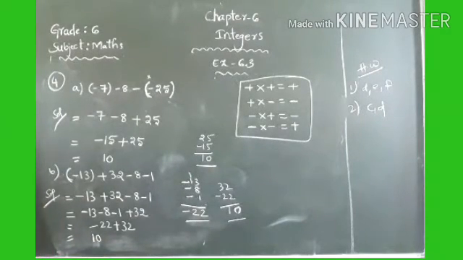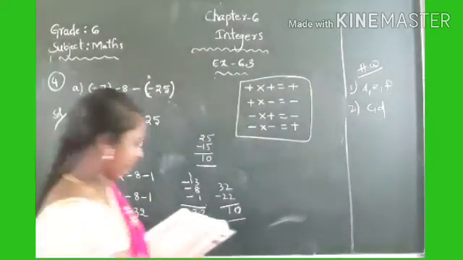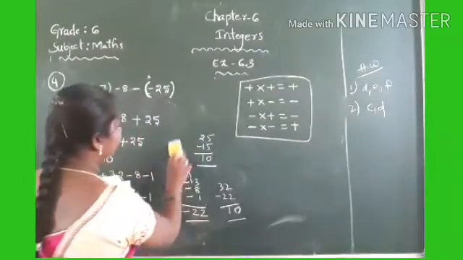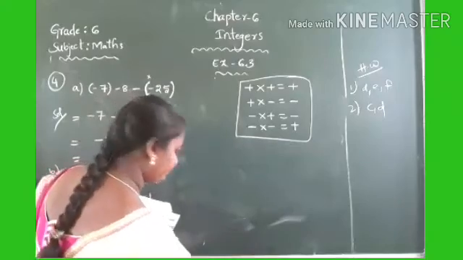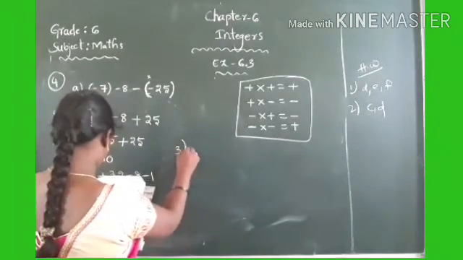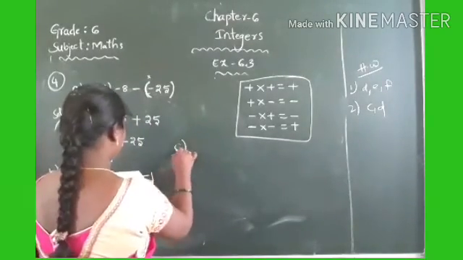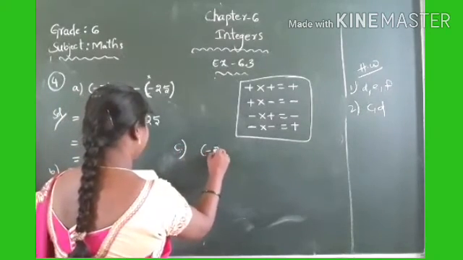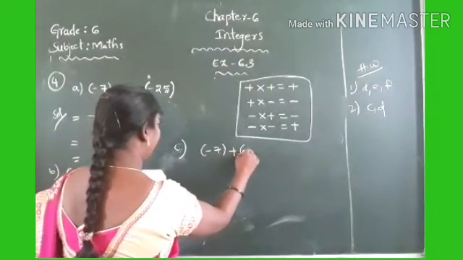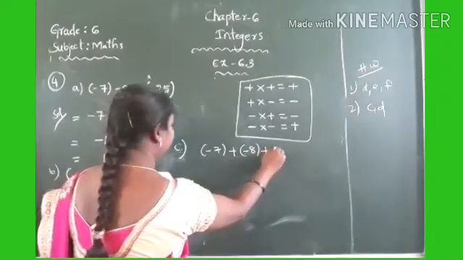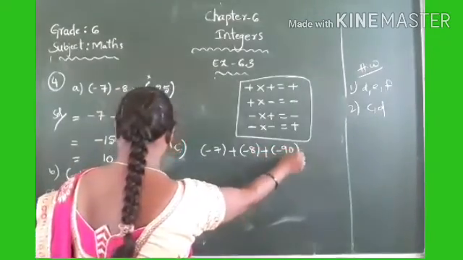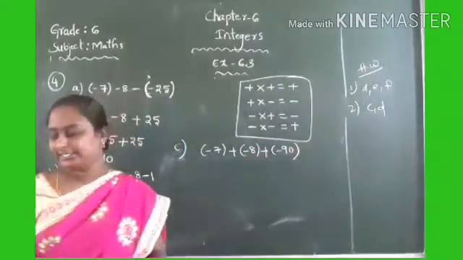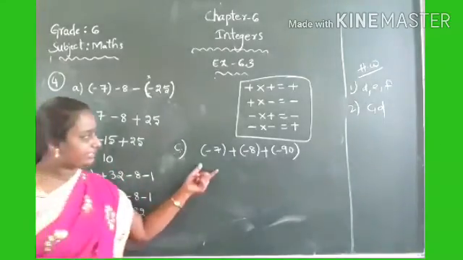Right. Next, third one. Minus 7 plus of minus 8 plus of minus 90. Right. Simplify this one.